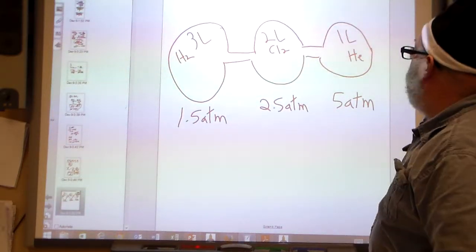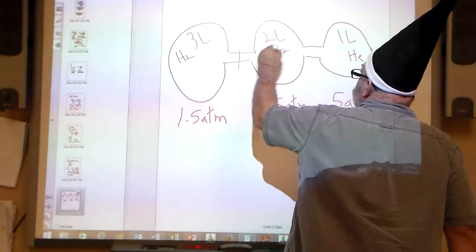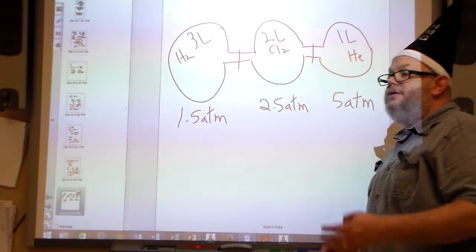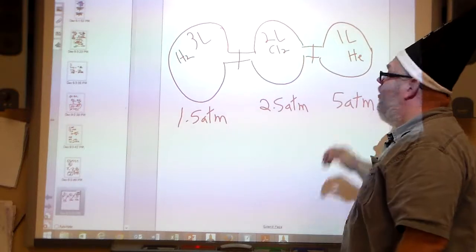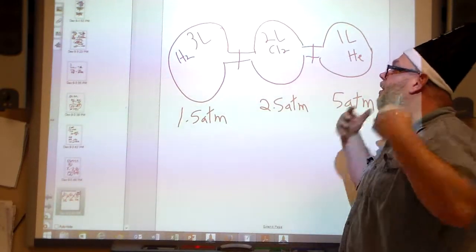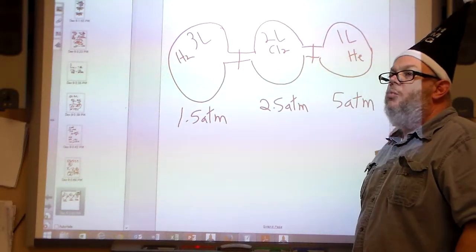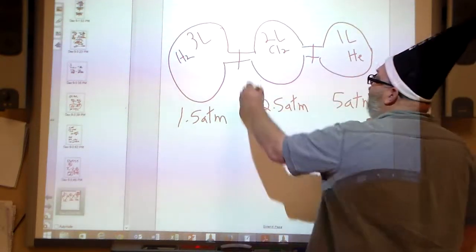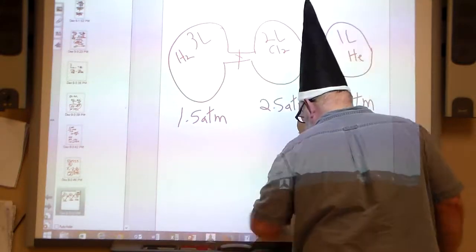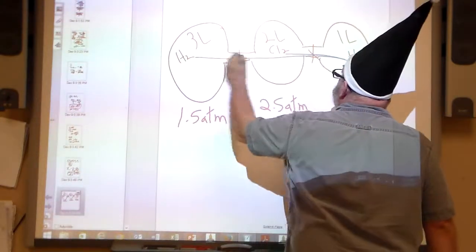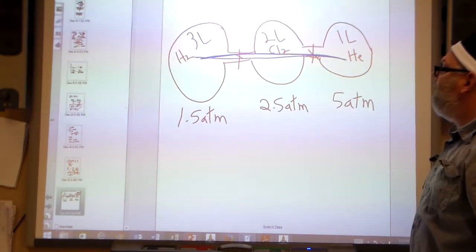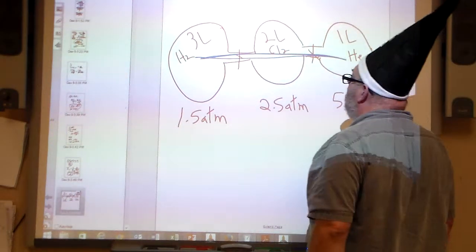Okay, and of course now these are stopped up, so they are in their own containers. And the idea is, what's the partial pressure of the hydrogen gas? Let's assume we open these up, so now the gases are able to freely mix throughout the whole thing. Now that the gases are able to freely mix, what is that going to look like?